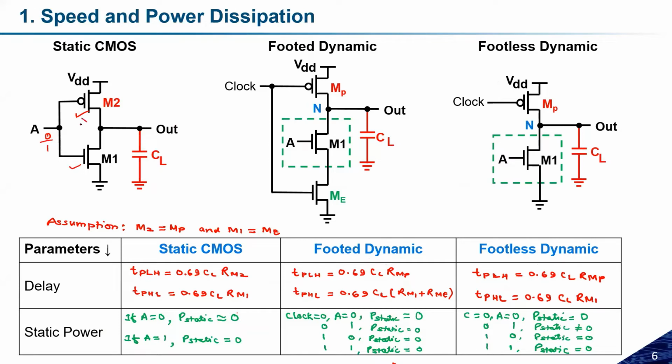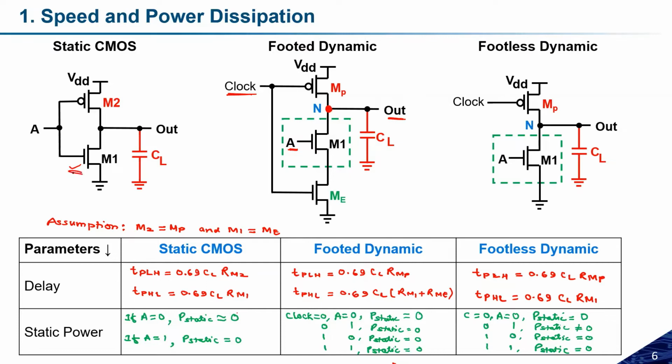So based on these input logics, the output or the load capacitor is charged or discharged. But in this particular case, this node or the output voltage does not depend on A. The capacitance at this node depends on the clock. So we are dynamically, or forcefully, charging through the clock signal, not by the use of inputs.